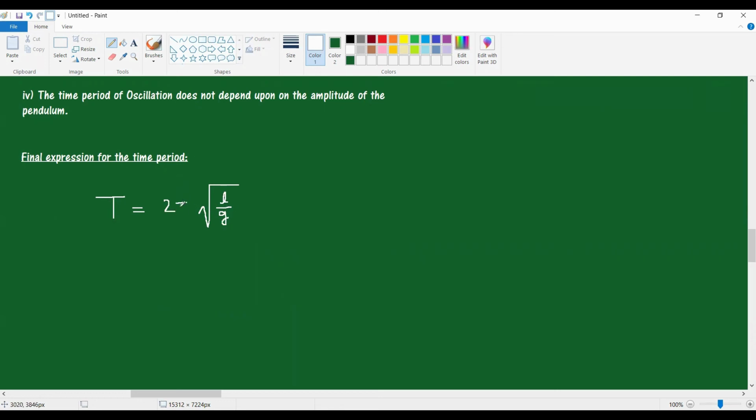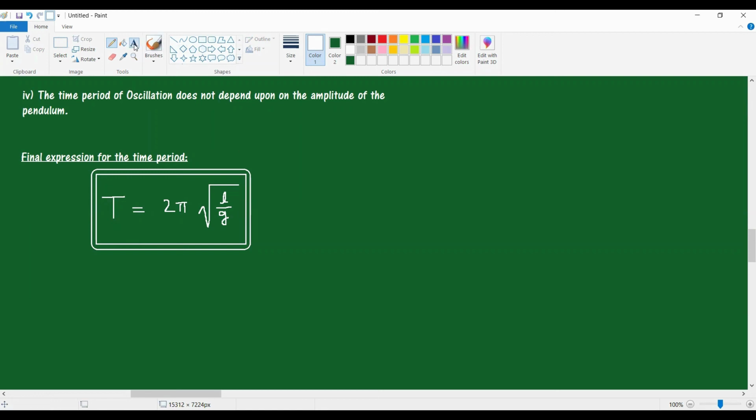And 2 pi is the proportionality constant. By experimentation, we have calculated this value 2 pi. Okay. All these are observed values. So this is the formula you have to learn. I'm going to make it important by enclosing it in 2 boxes. Shows it is very important. You have to learn it. Clear? So what are the meanings associated with the variables in this equation? T is the time period, L is the effective length, g is the acceleration due to gravity.